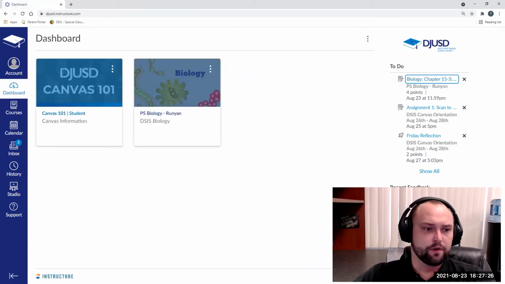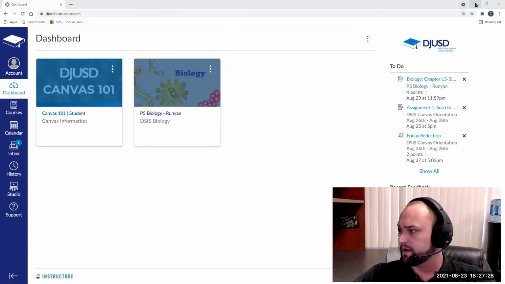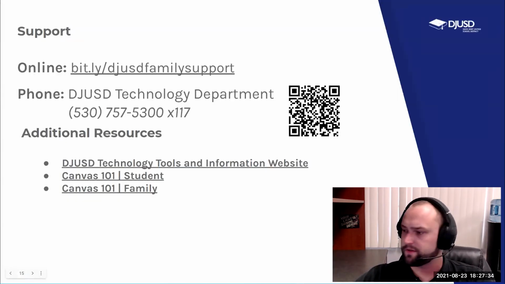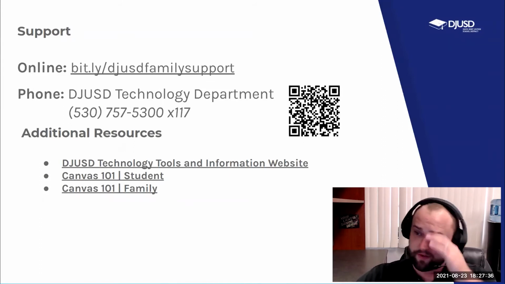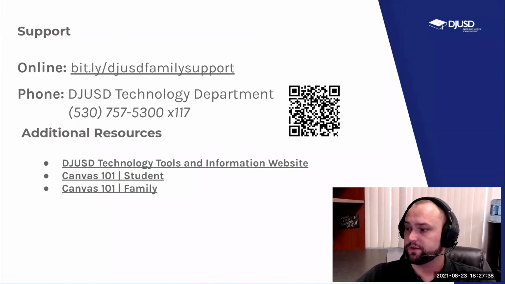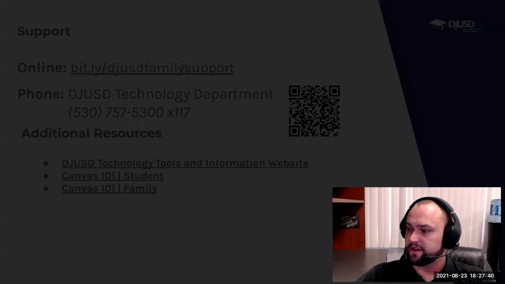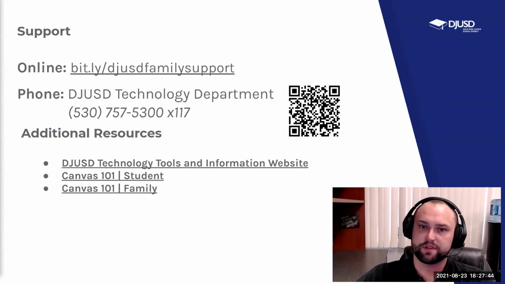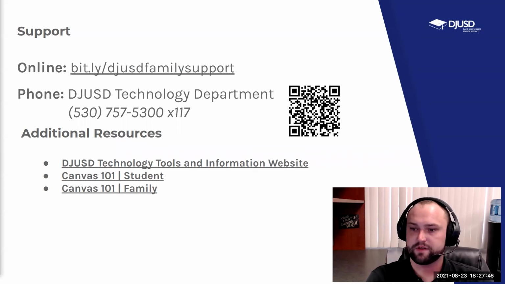Okay, so a couple more things I wanted to talk about here before I leave it up to just some general questions is support. The first thing, online families can get support by going to bit.ly/DJUSD family support, and I'll go there right now just so we can see what it looks like.